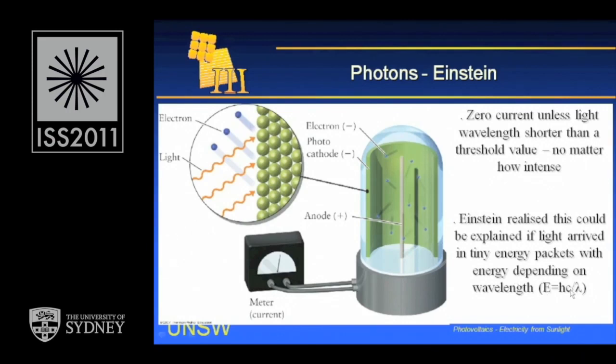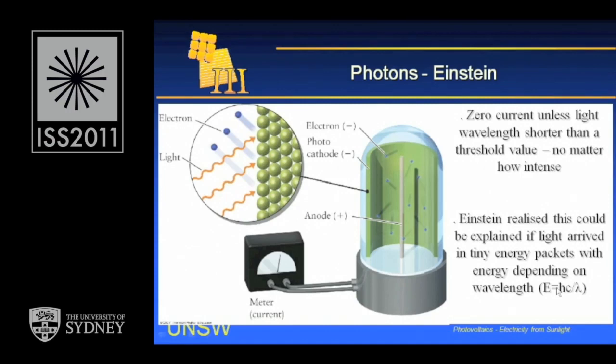And the energy, this value here, a constant deduced by Planck from his work, Planck's constant times the velocity of light, which Einstein was very interested in, of course, divided by the wavelength of the light, was the quantity of energy associated with each of the packets.